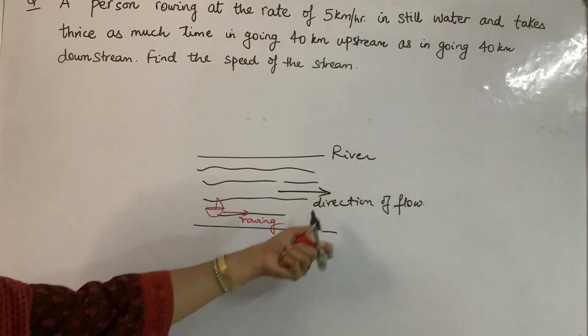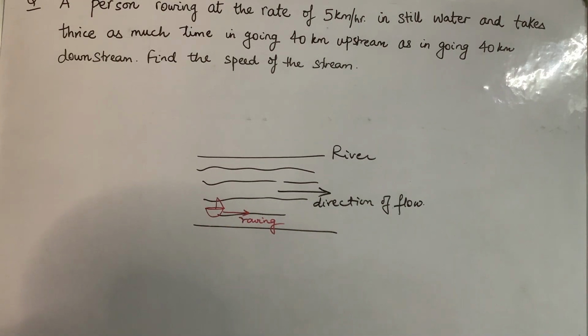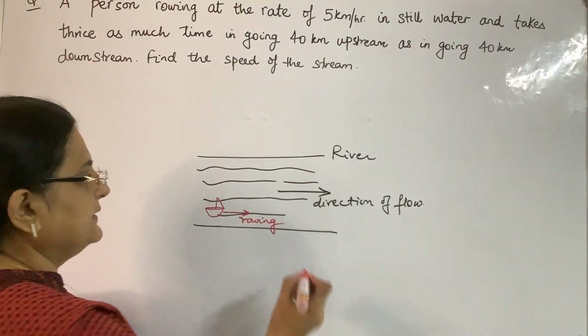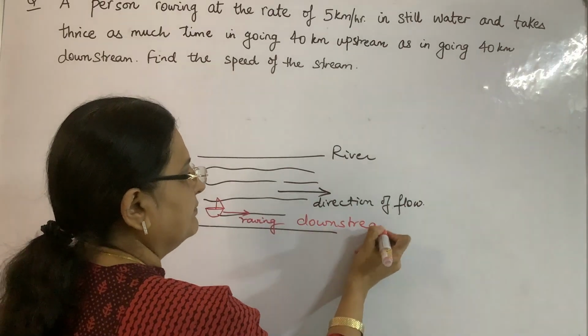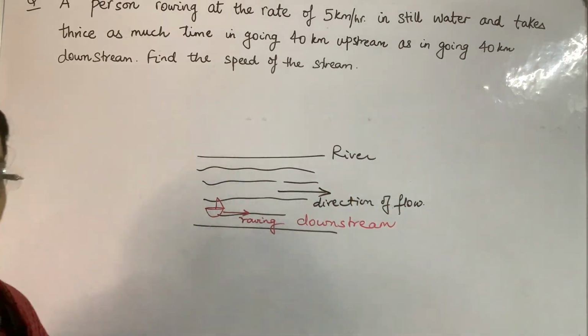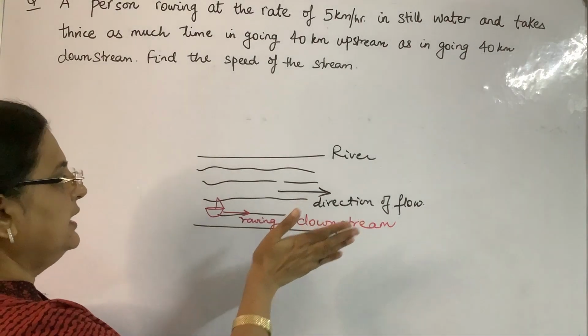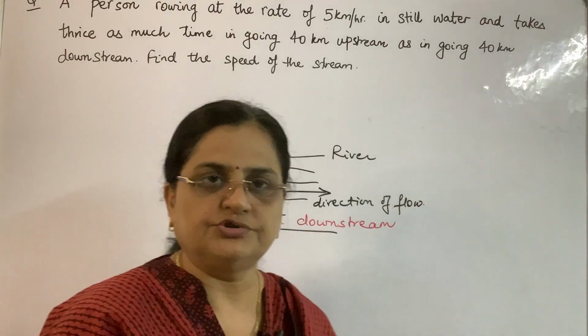So if the direction of flow is along the direction of rowing, or both are along the same direction, then this is known as downstream. Along the river, if it is flowing in this direction, the boat is also going in this direction. So we say it is going downstream.